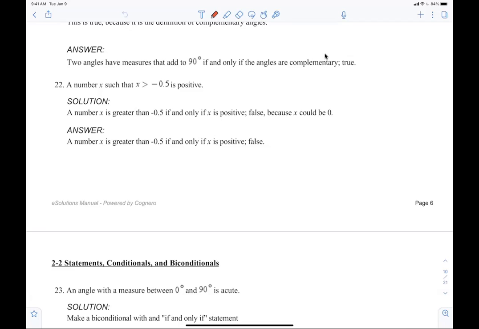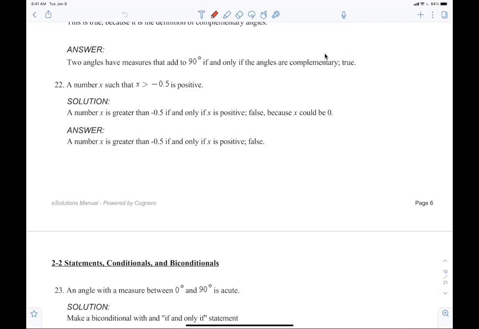Yesterday we rushed at the end, so I totally understand. A biconditional can be written if the conditional is true and the converse is true.